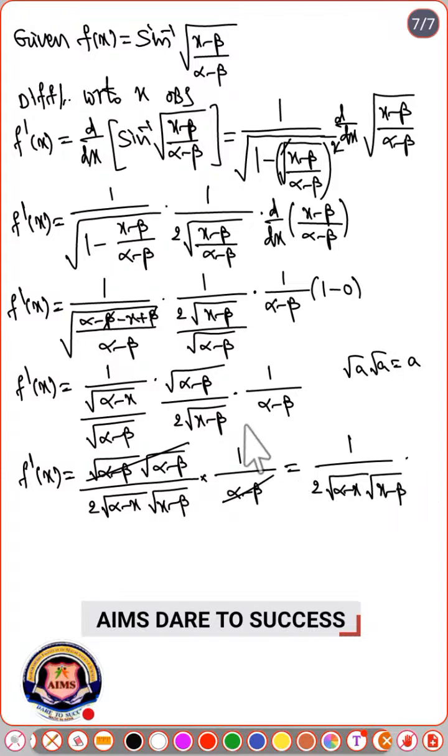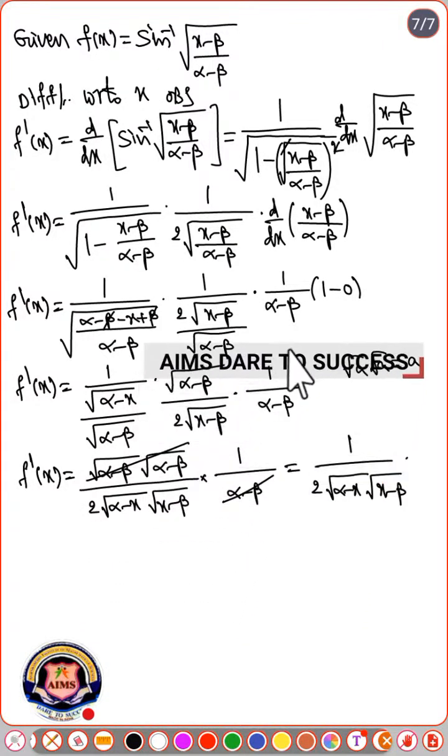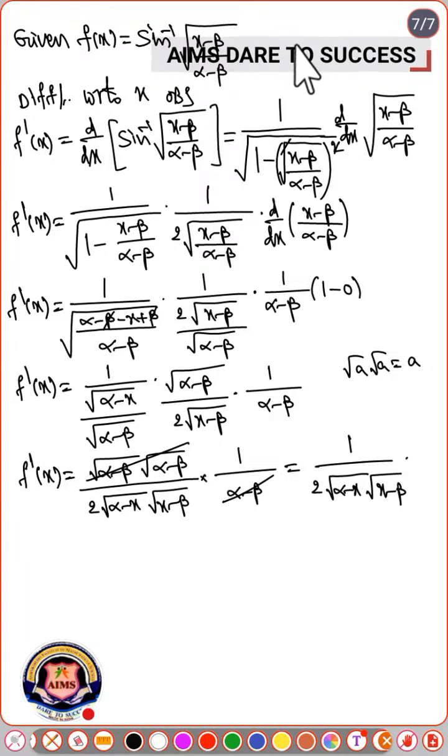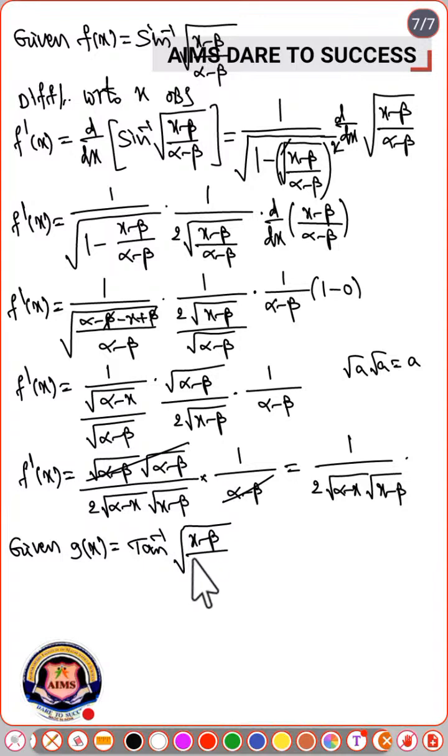This is the first function's derivative. Later, the other given value, we can take it as g of x. Another function g of x is equal to tan inverse of root over x minus beta by alpha minus x.